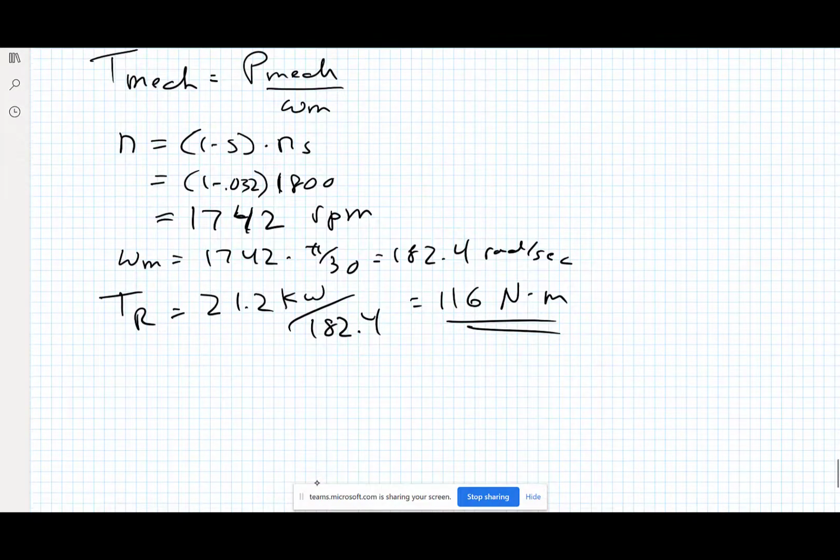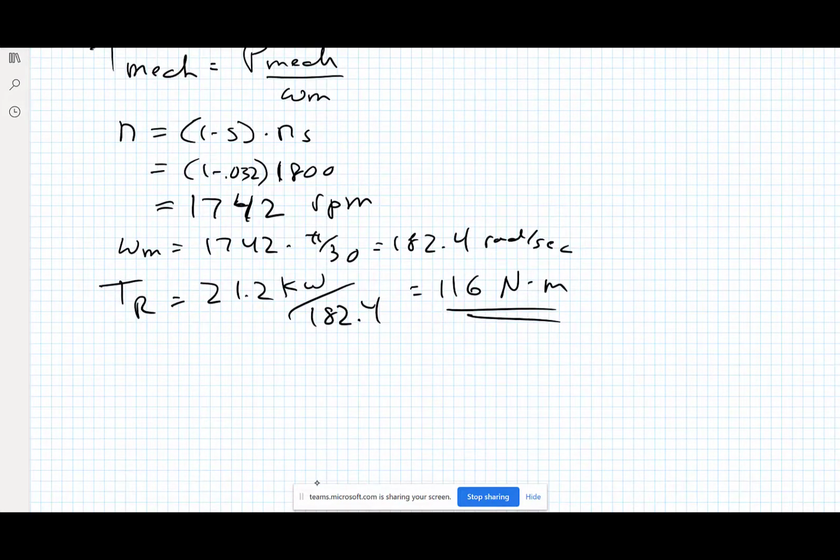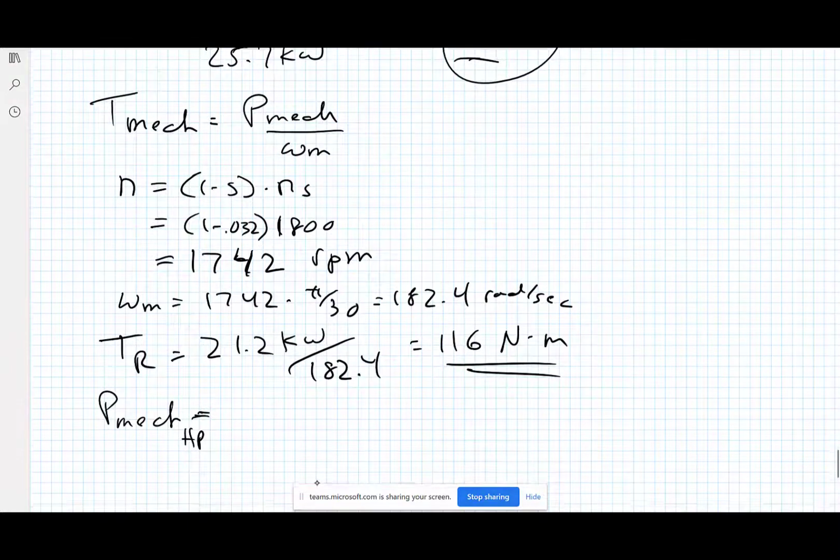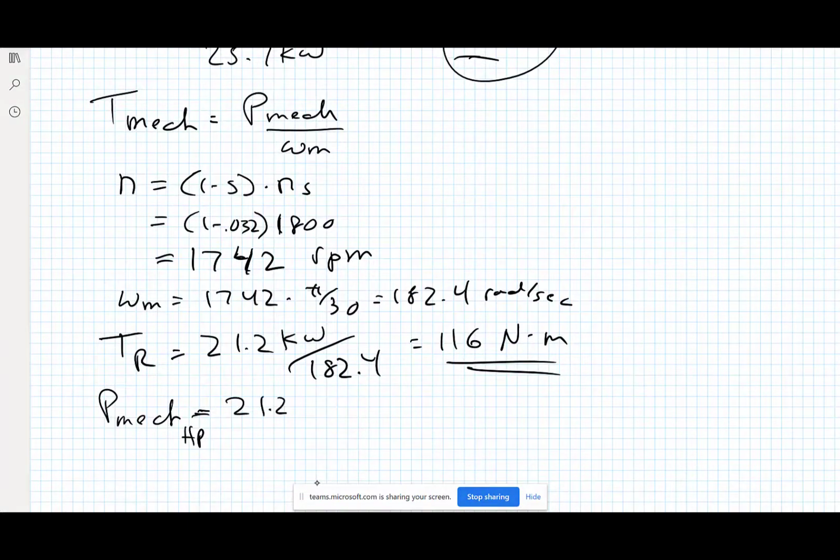Now the one other thing, I could put my P mechanical in horsepower. That's probably the way things are looked at from the motor standpoint, because we have to remember that horses used to do everything. So P mechanical, 21.2 kilowatts, I'm going to divide by 746, just to give me an idea of the horsepower rating of the motor.